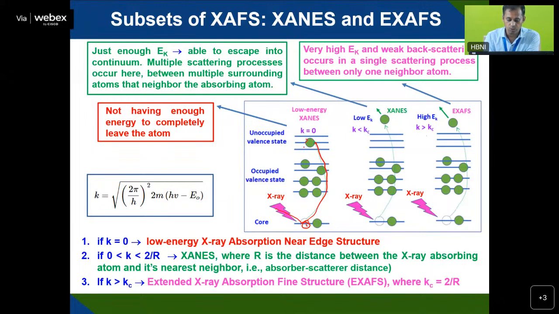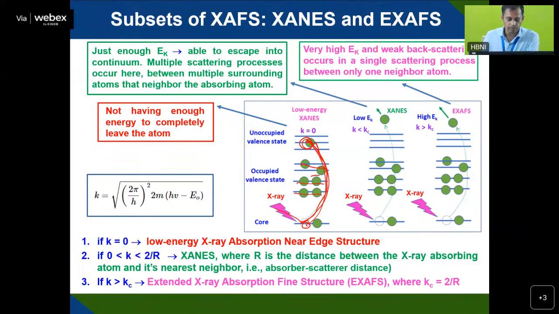So from here it goes to the unoccupied state. Here you have multiple scattering processes between multiple surrounding atoms. You see you have surrounding atoms here, so this atom will interact on the way out. That is one interaction here.